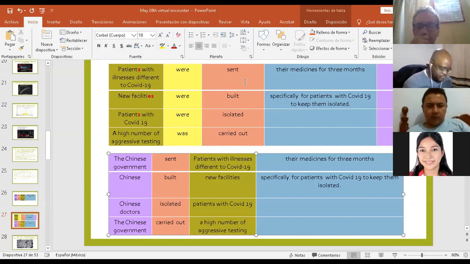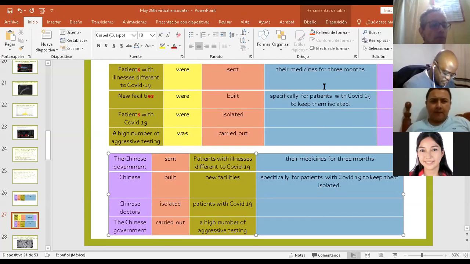And then what's the other part of the rule? The object first, the past form of the verb to be, the past participle of the main verb, and the subject? No. Here the subject is in purple, but here we don't have a subject. Like the complement. The complement is the blue one.